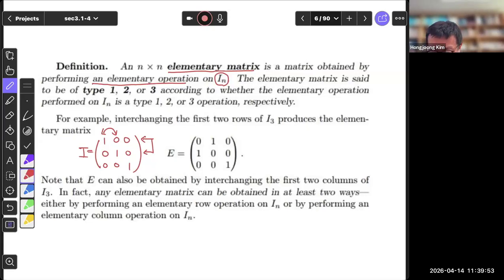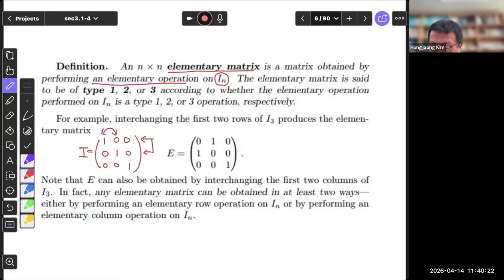So an elementary matrix can be obtained in at least two ways, either by performing some elementary row operation or column operation. E is an elementary matrix of type 1. What if I multiply 3 to the second column of the identity matrix?